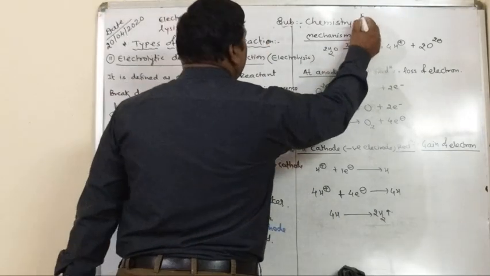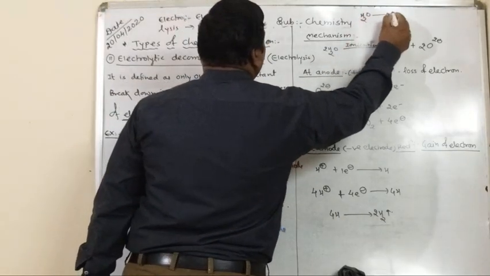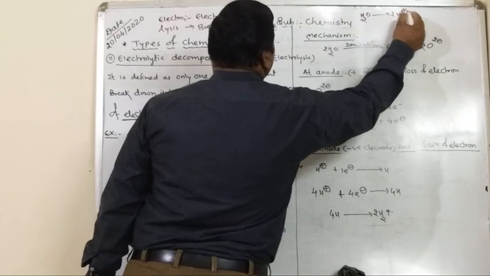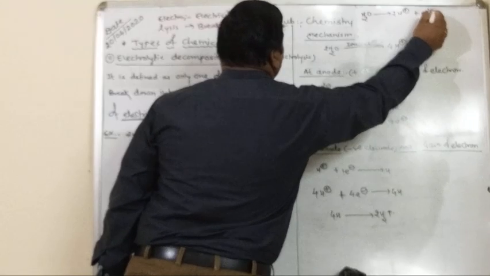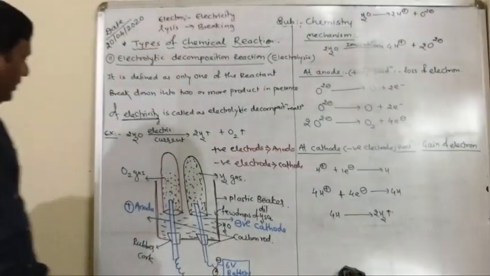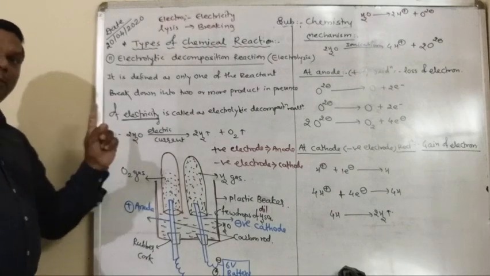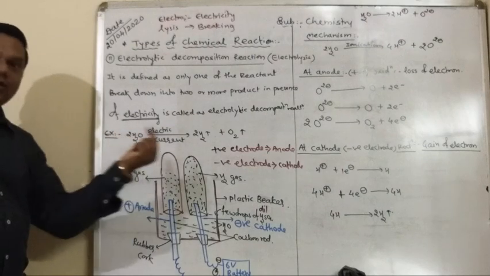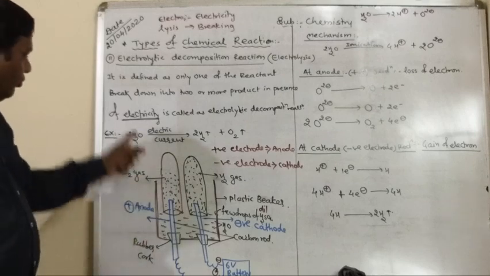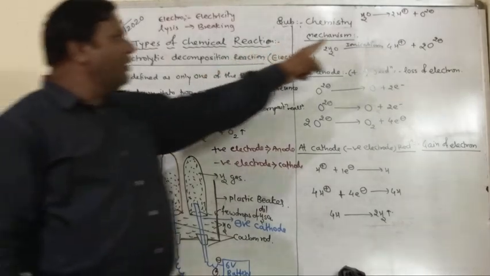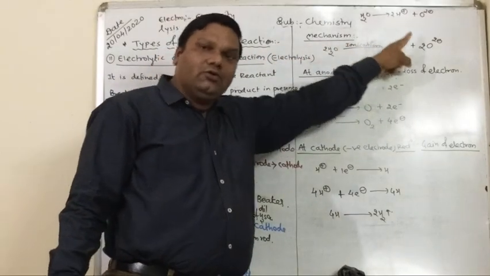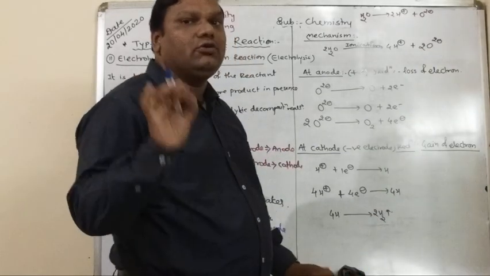Now you know very well that from 1 H2O you get 2 H plus and 1 oxygen 2 minus. But for balancing, here we take 2 H2O molecules.